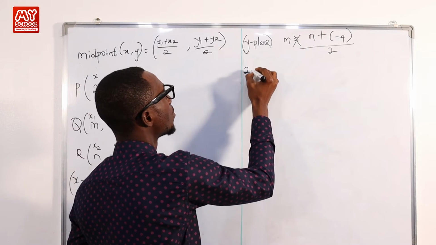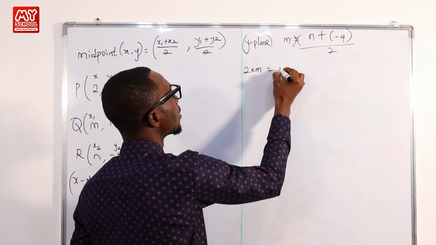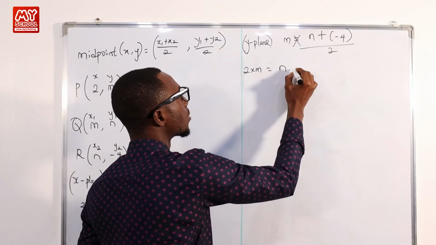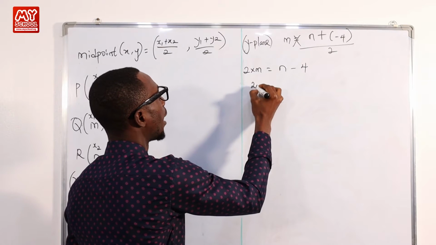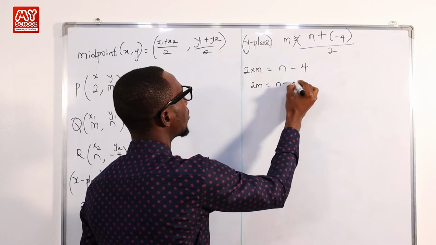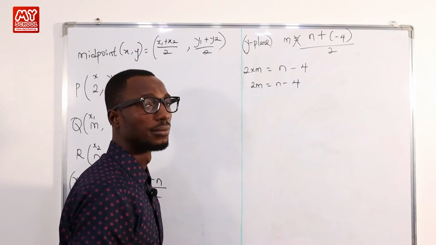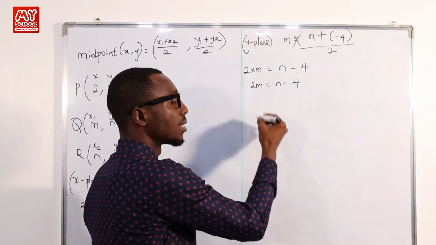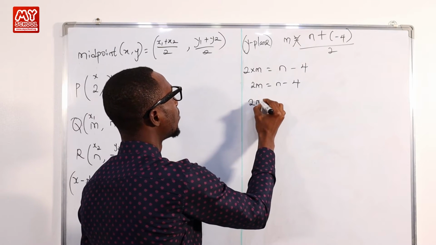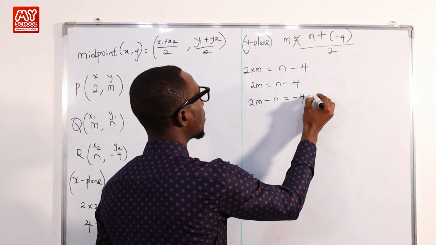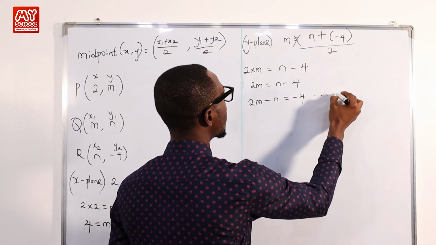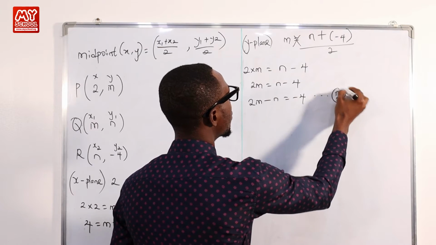We have 2 times m equals n plus minus 4. So we have 2m equals n minus 4. We can further say 2m minus n equals minus 4. This forms equation 2.